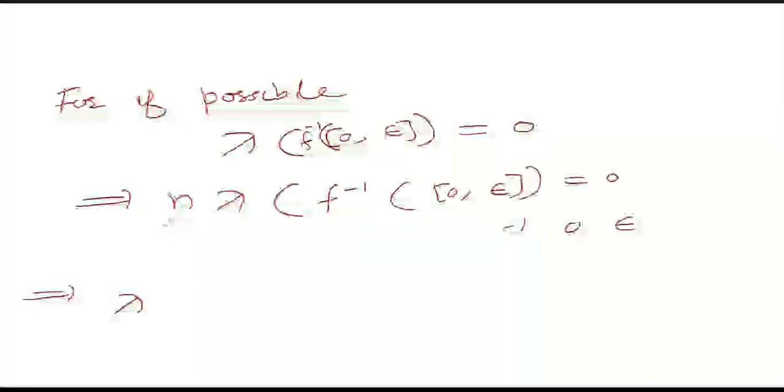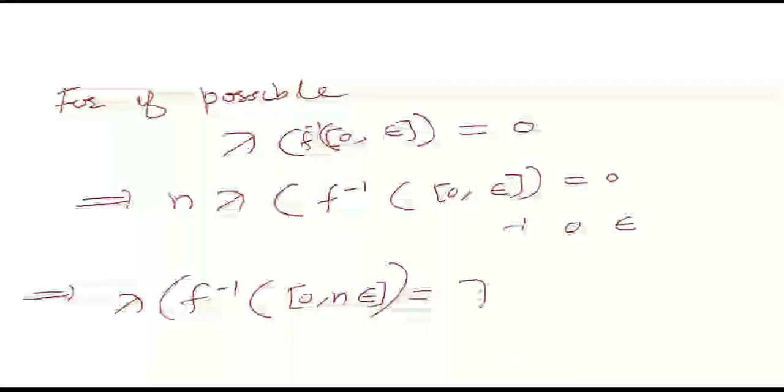So this implies the Lebesgue measure of f inverse of 0 to n epsilon is 0, and it is the same as the Lebesgue measure of n times this, because a constant times the Lebesgue measure of a set is equal to the Lebesgue measure of the scaled set. It's actually a property of the Lebesgue measure.